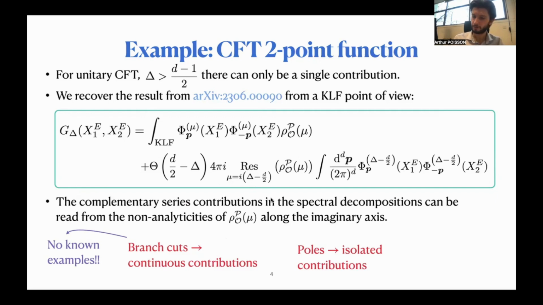More generally, the complementary series contribution can be read as the non-analyticities of the principal series contributions. And since in every known example, this is a meromorphic function in the μ plane, then we'll assume that there can only be isolated contributions from the complementary series.